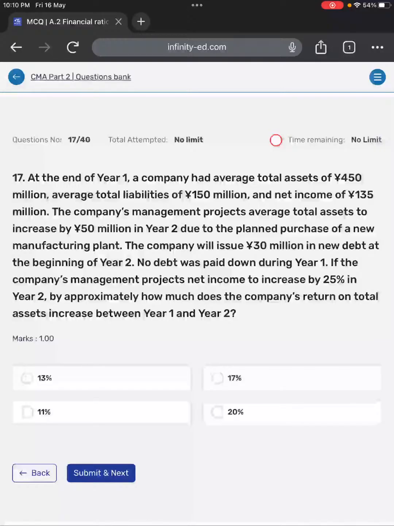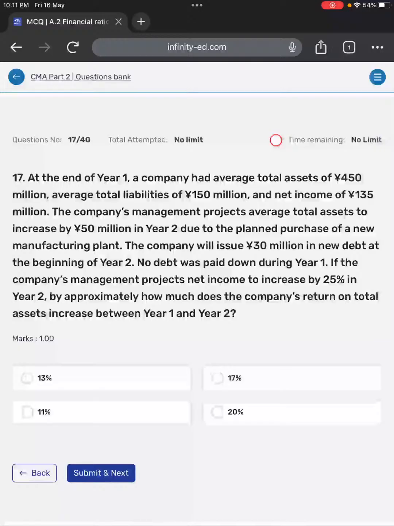At the end of the year, one company had average total assets, given in yen, 450 million, average total liability 150, and net income 35 million. The company's management projects average total assets to increase by 50 million in year 2 due to the planned purchase of a new manufacturing plant.